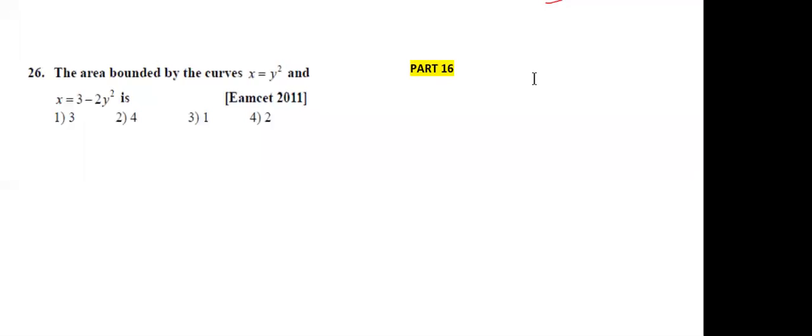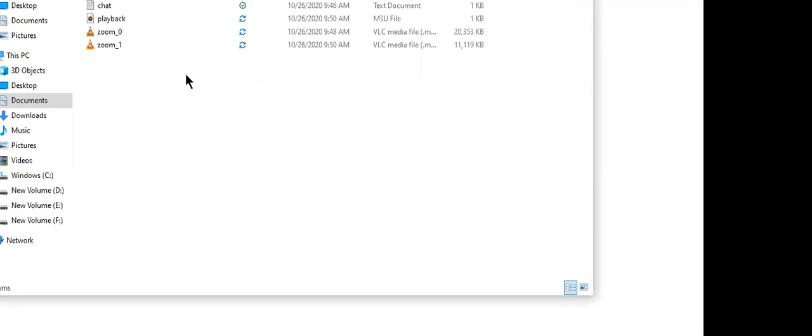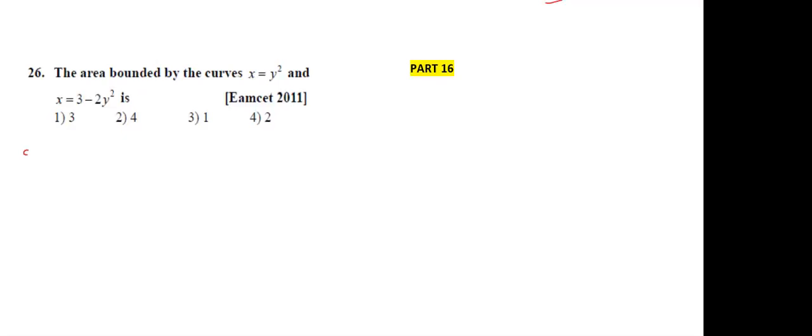This is the 26th question. The area bounded by the curves x is equal to y square and x is equal to 3 minus 2y square. Now first write the curves. One is y square is equal to x.